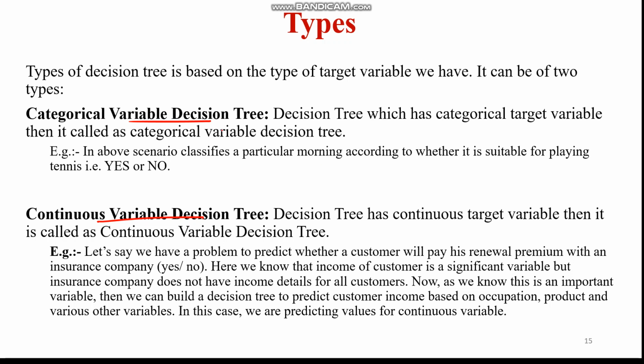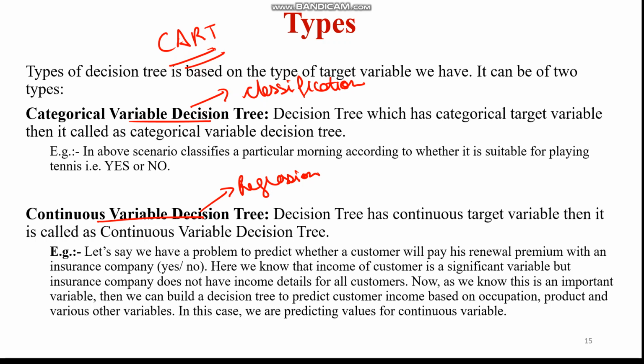When we talk of categorical variable trees, this is the process known as classification trees, and this is basically regression trees. We have already discussed that decision trees are also known as the CART algorithm, that is classification and regression tree algorithm. When we talk of a categorical variable, this is the process of dealing with classification, and when we talk of continuous, we are talking about the regression problem.